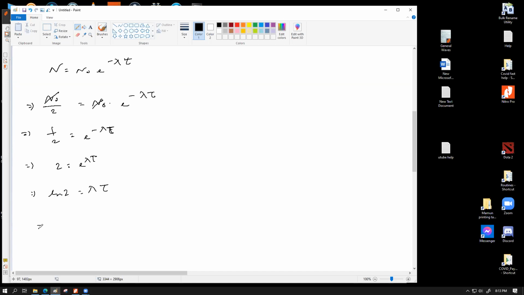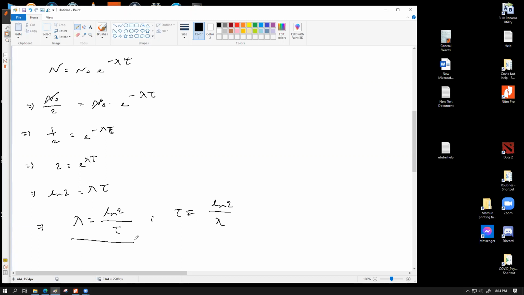So from here we can write two equations. You can write that lambda equals ln 2 divided by tau, or in other terms, tau equals ln 2 divided by lambda.